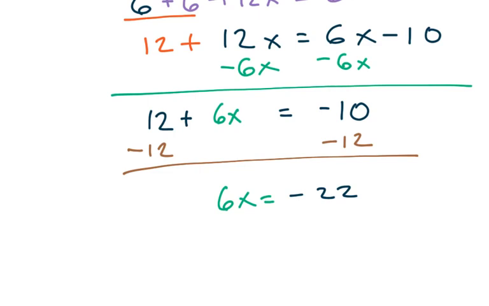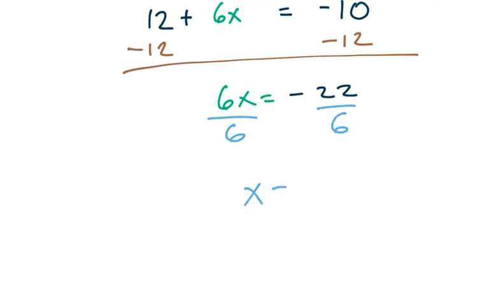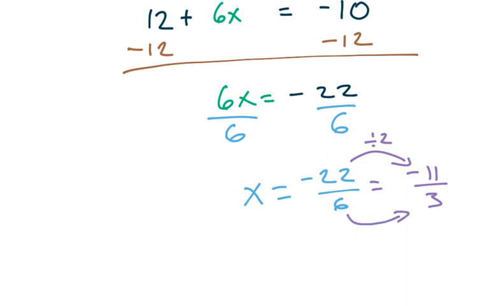I'm trying to keep the thing changing in the color that it's changed from, and everything else the same, and it's a little confusing. Okay, to finish it off, divide by 6, divide by 6, so this gives me x equals negative 22 over 6, and that breaks down to negative 11 over 3, because 22 is divisible by 2, and 6 is divisible by 2.